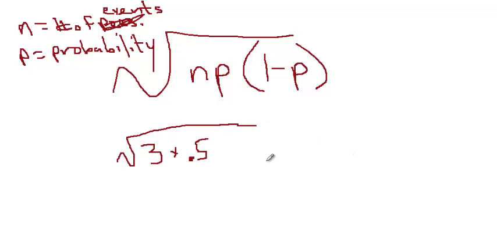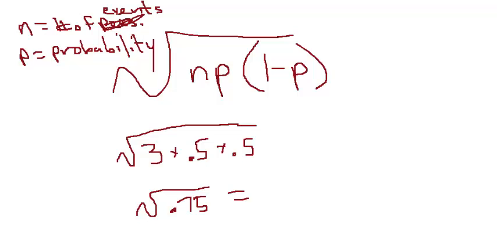Now 1 minus p is 1 minus 0.5, which is also 0.5. So 3 times 0.5 times 0.5. Half of 3 is 1.5, half of that again is 0.75. And so the square root of 0.75, and this we can use a calculator for.